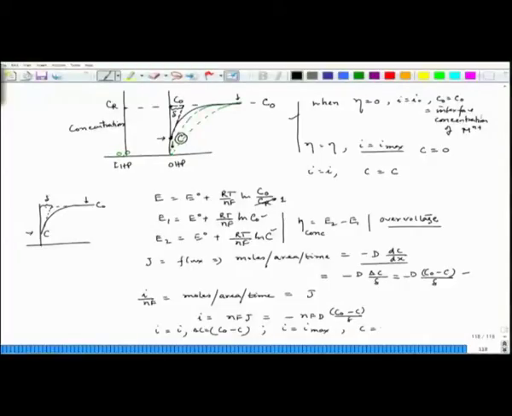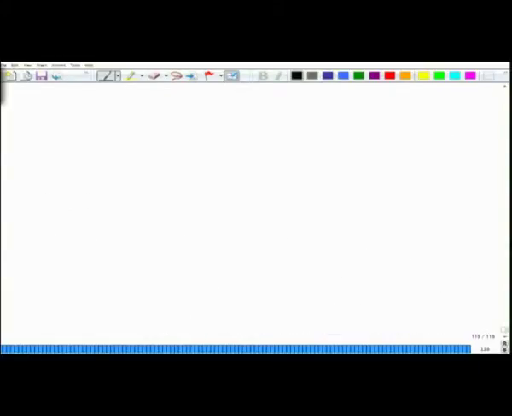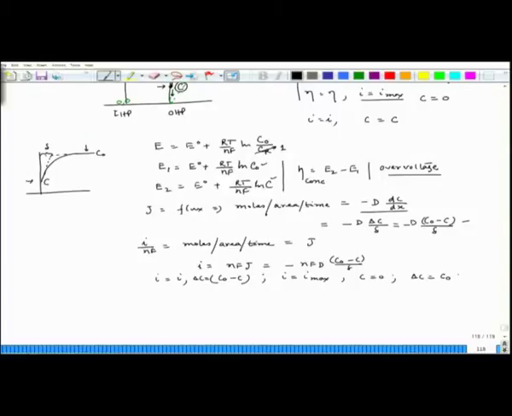In that situation, the concentration at the OHP should be 0. So, C equals 0, or delta C would then be equal to C 0. So, in those situations, let us continue from here.